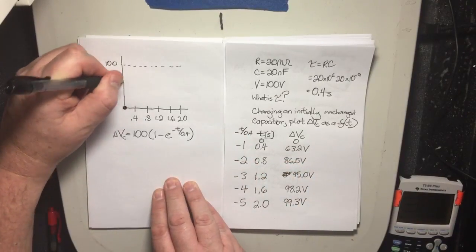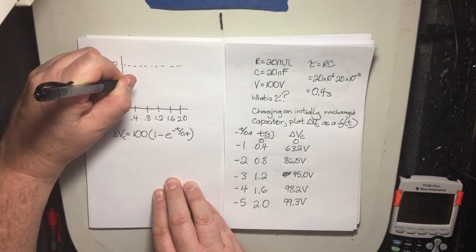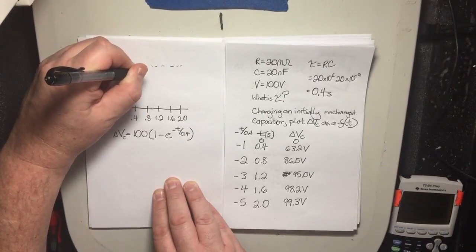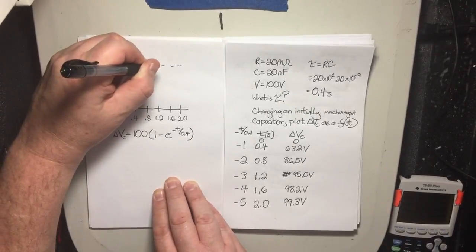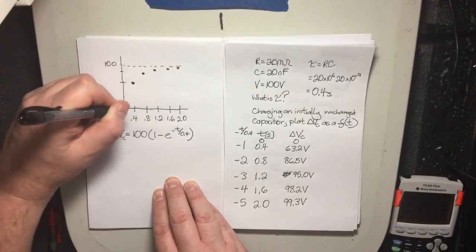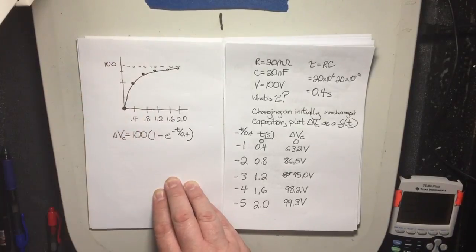So if we plot this out, 63, 86, 95, 98, 99, you get the plot that I drew out earlier.